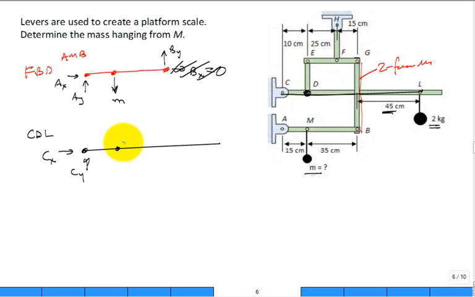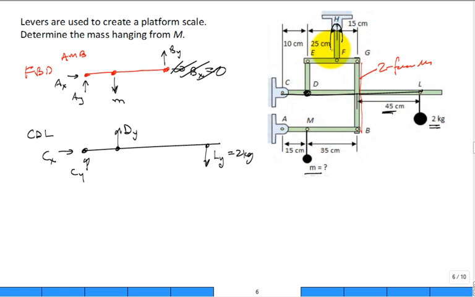Let me just say it's in tension. So I'll have Dy, but not a Dx. And then I'll have out here Ey, which is 2 kilogram force. No, that's L. Isn't that L? That's Ly. That makes sense? All right.